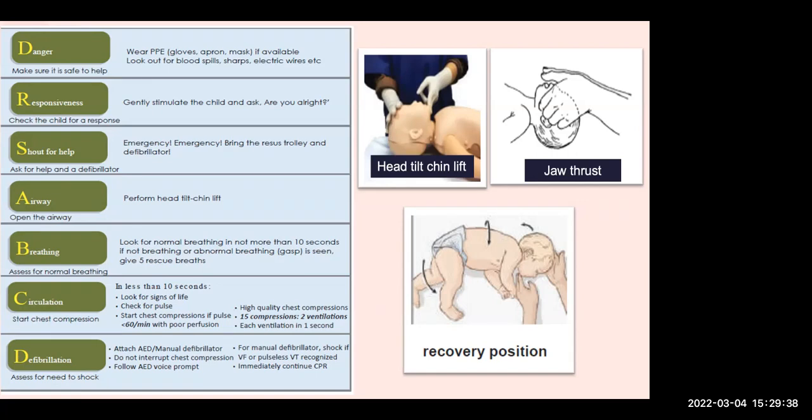They won't be able to sustain good circulation and oxygen delivery with 60 or even less. But in a dog, if the heart rate is like 60, you don't do CPR. You only do CPR if there's no heart rate.